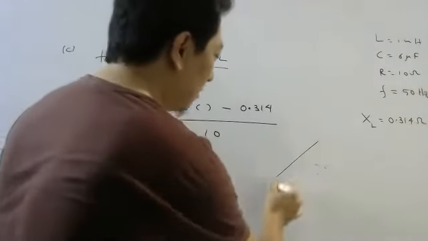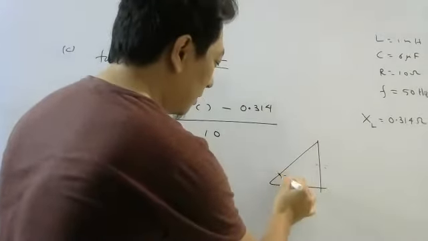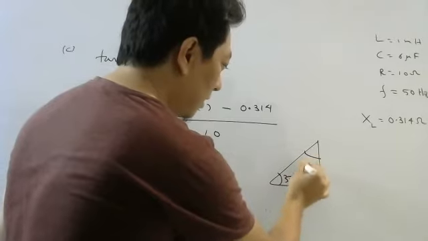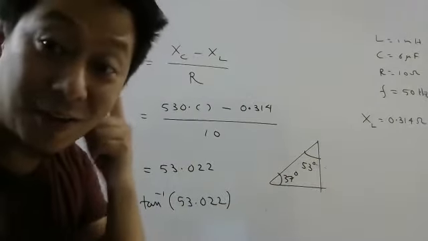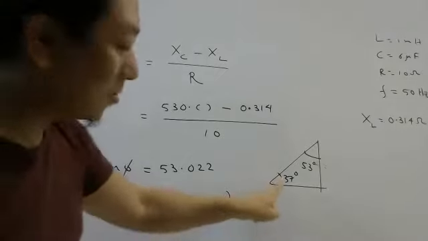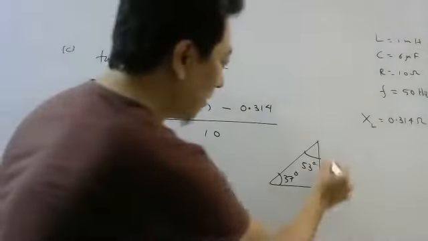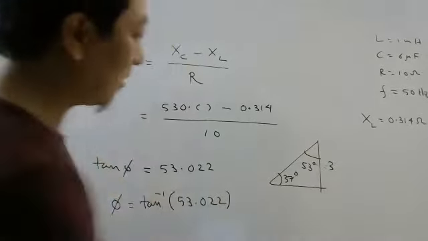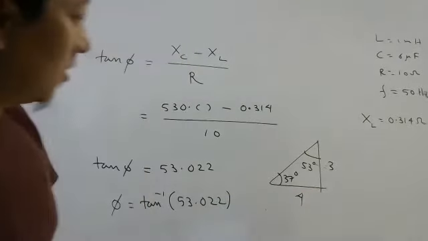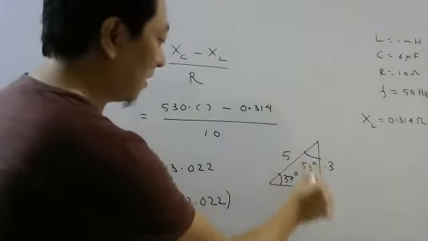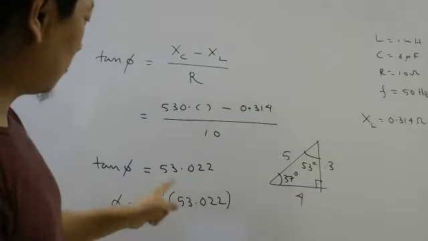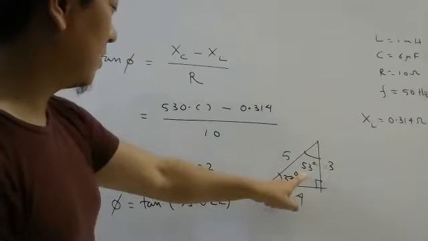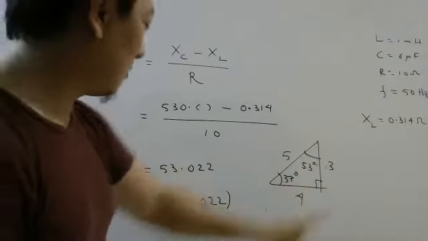In that triangle, you remember 37, 53? For entrance I have taught you. 37 means the opposite side will be 3, 53 means the opposite side will be 4, and opposite of 90 will be 5. So tan of 53 degree is opposite by adjacent, 4 by 3.